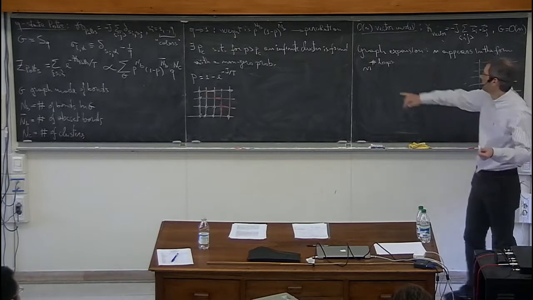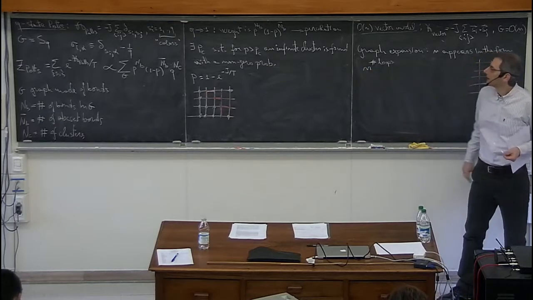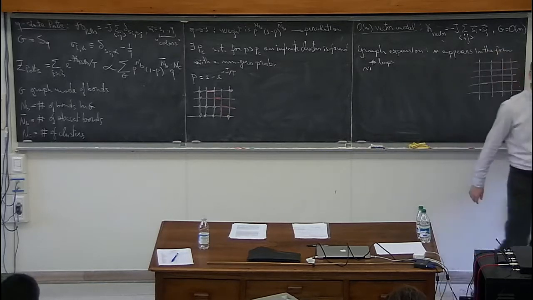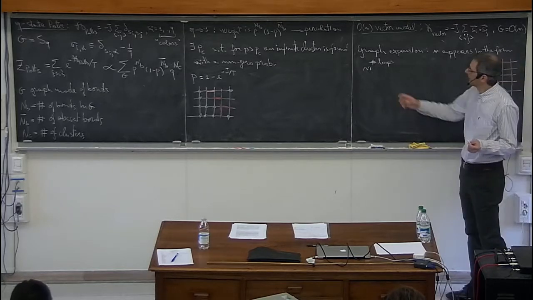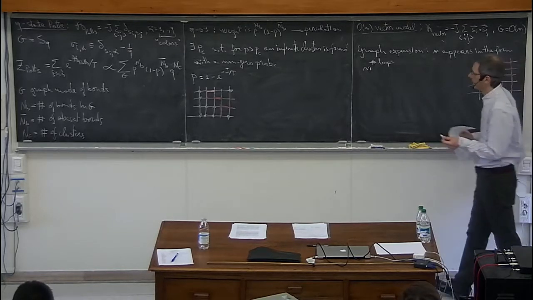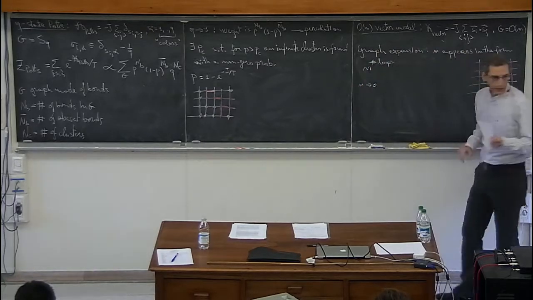So once again, it's like the Q-state Potts model. Since n appears like this, it can be taken continuous again. And in particular, you can take the limit n going to 0.